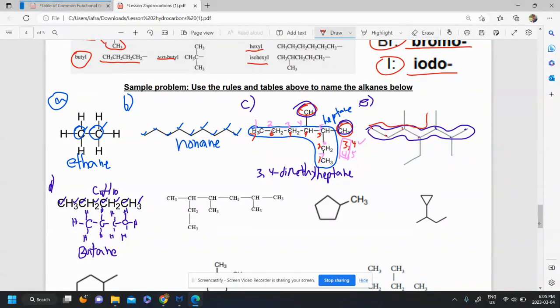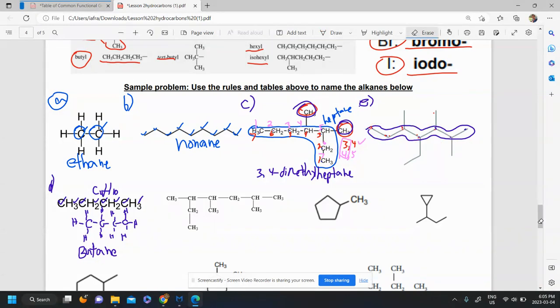Maybe this way. 1, 2, 3, 4, 5, 6. So nope, not that one either. I could have gone this way. It would have given me the same thing as the blue one, because they're the same thing, just flipped.